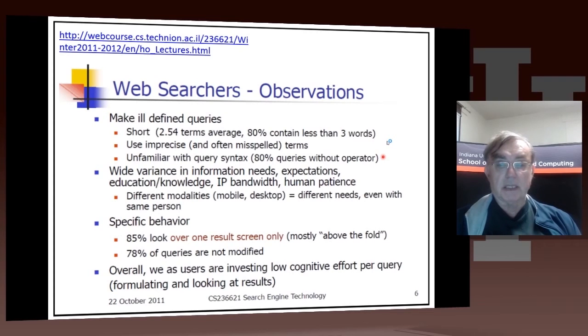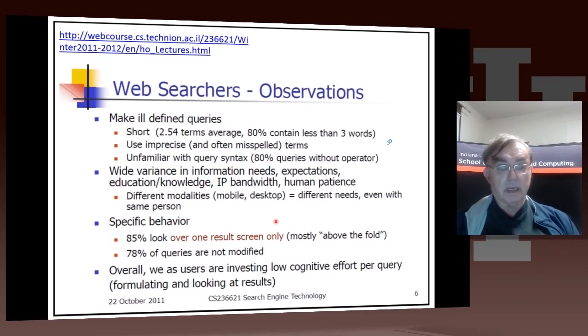And this just points out that although we're optimizing for the sort of average person, there's huge variation in what people expect and the quality of their client, whether they're going to scream if they have to browse through 10 pages of search results to find the right answer, and so on. There's a growing importance, of course, of mobile, both tablet and smartphone, and one needs to optimize for the different client platforms, even with the same person feeding in the data.